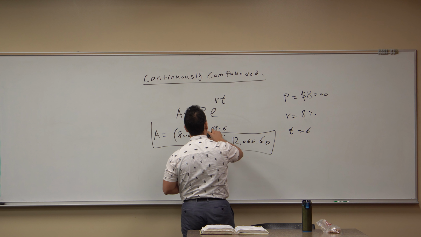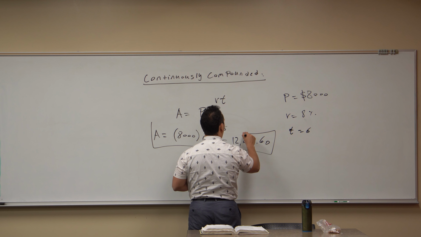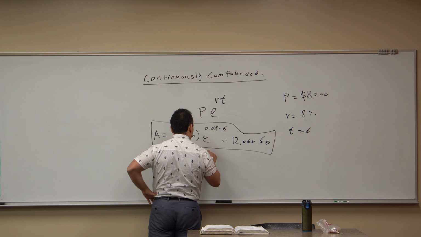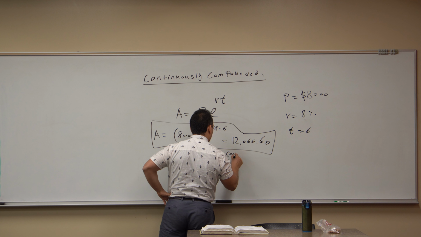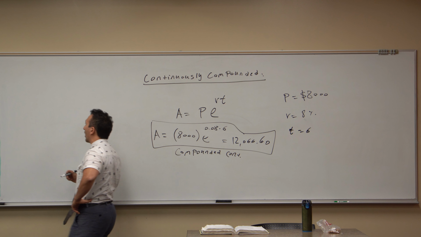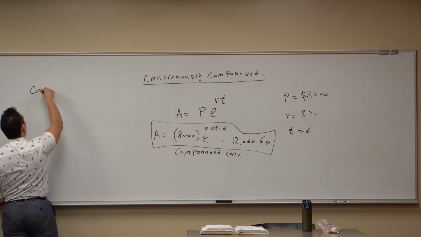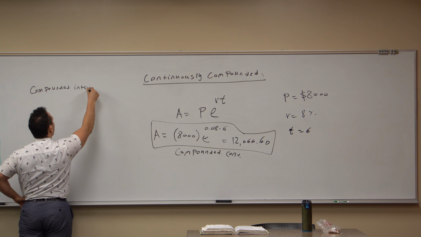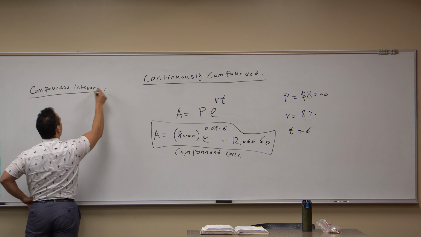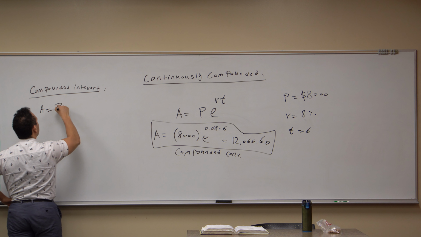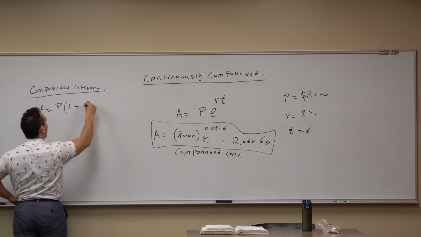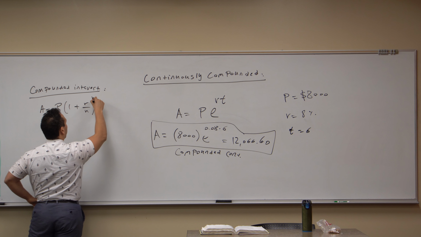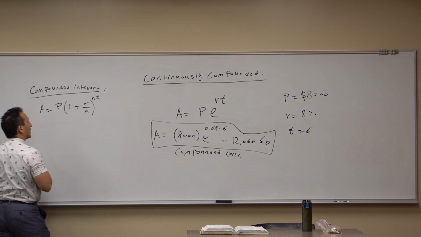Okay, this is how much we get compounded continuously. Now recall, just compounded interest had this formula: the amount is equivalent to the principal times 1 plus the rate divided by the number of times compounded per year, raised to the number of times compounded per year times your t.